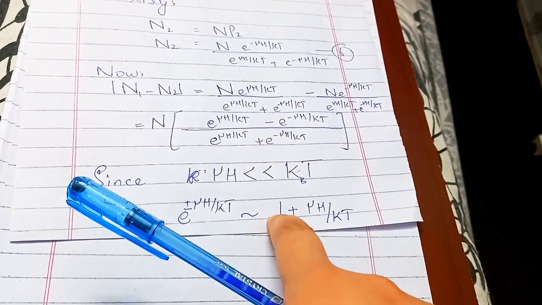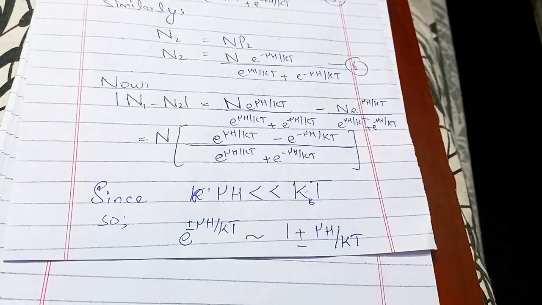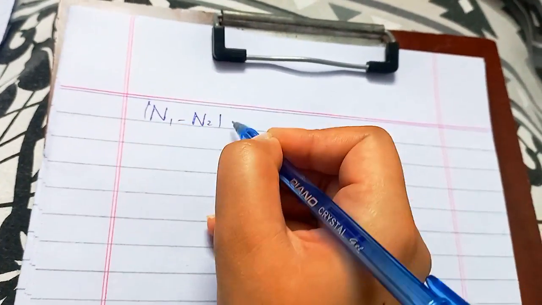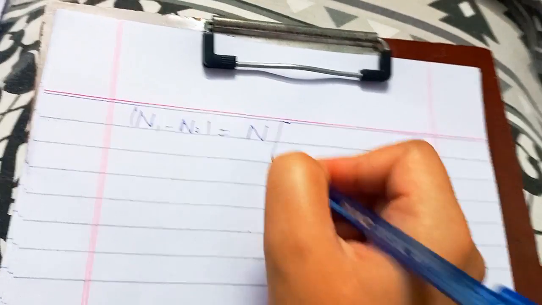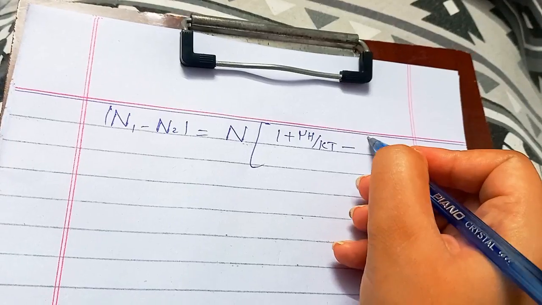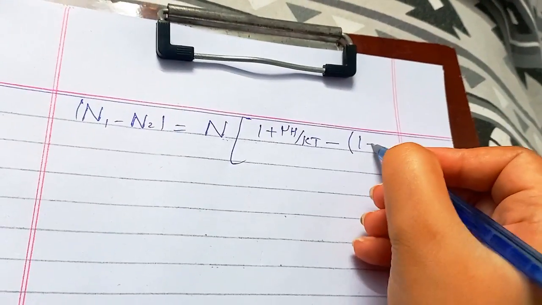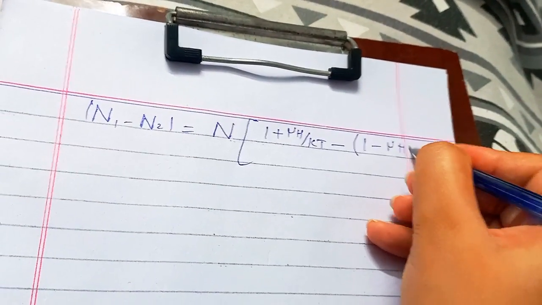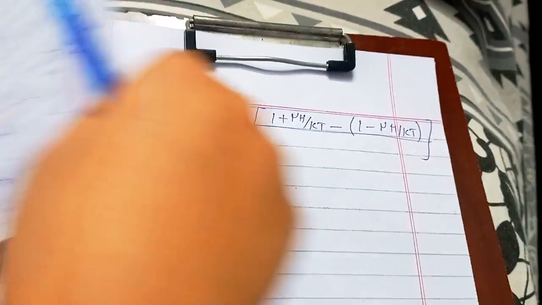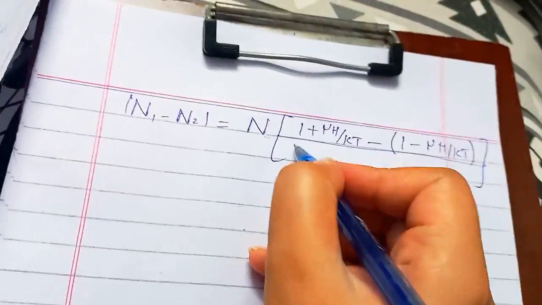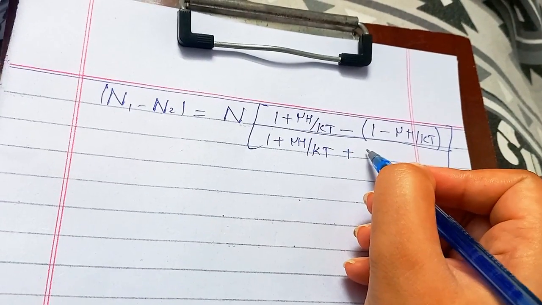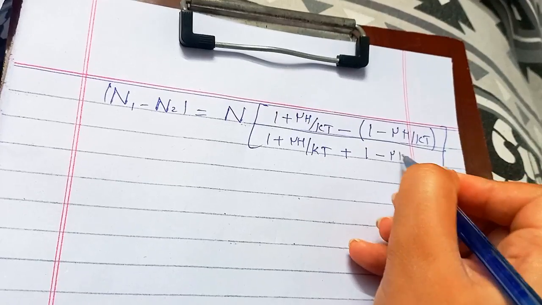So let's do that. |n1 minus n2| equals capital N into (1 plus mu h by kT) minus, we'll use a bracket because it's needed, (1 minus mu h by kT), divided by, we have e to the power plus mu h by kT, so we'll write 1 plus mu h by kT, then we have a plus sign, and we have 1 minus mu h by kT.